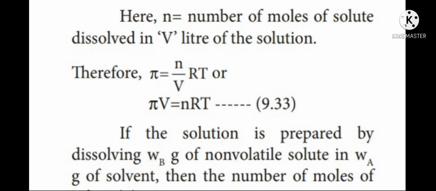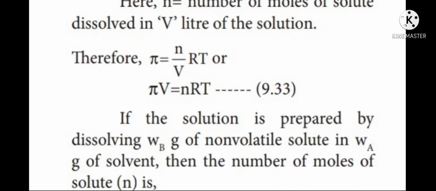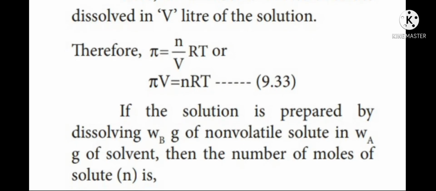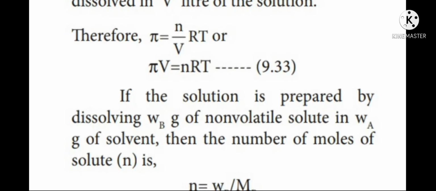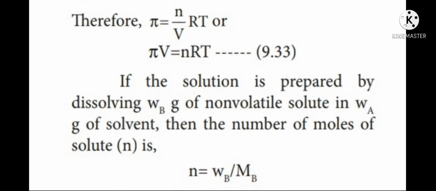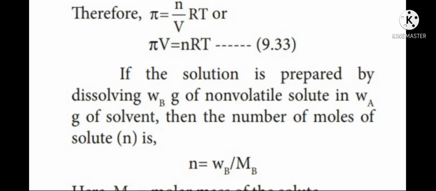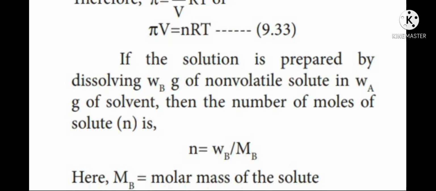If the solution is prepared by dissolving Wb grams of non-volatile solute in Wa grams of solvent, then the number of moles of solute n is given by n equals Wb divided by Mb. Here Mb is the molar mass of the solute.